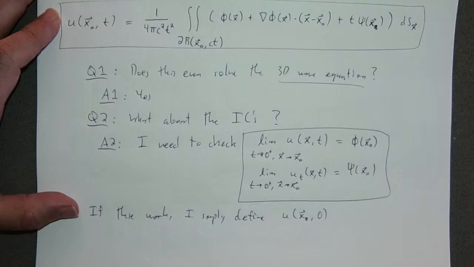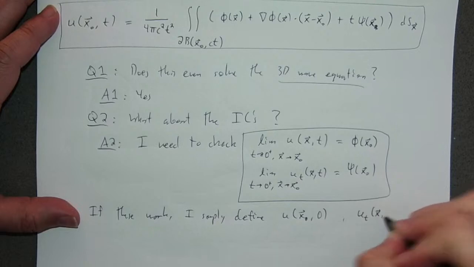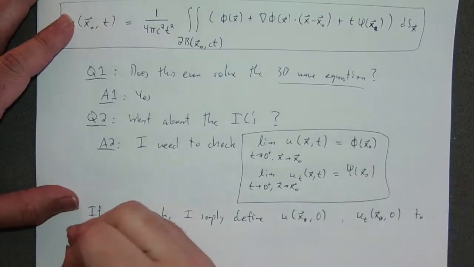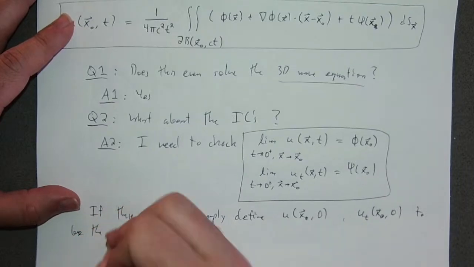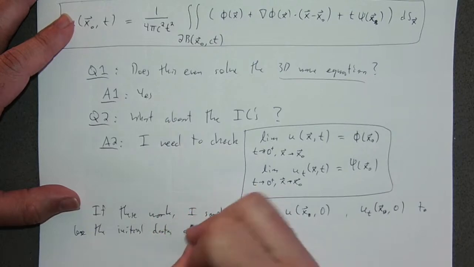The idea is that I want to extend it by just defining it to be the initial data at t equals 0.